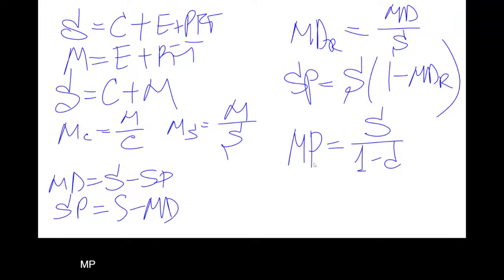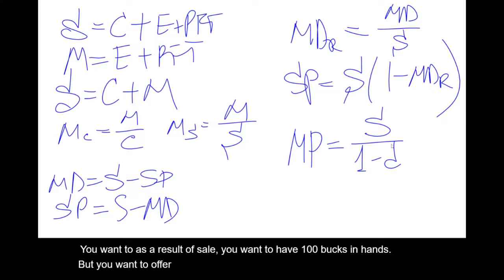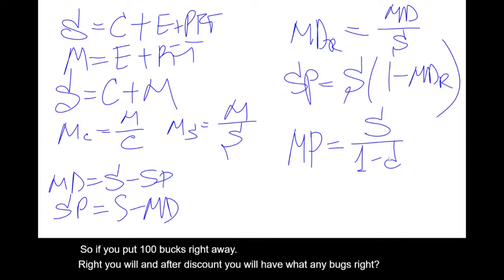MP, it's a market price. Let's say you are selling calculators. As a result of sale, you want to have $100 on hand, but you want to offer 20% of discount. If you put $100 right away, after discount you will have $80, right?